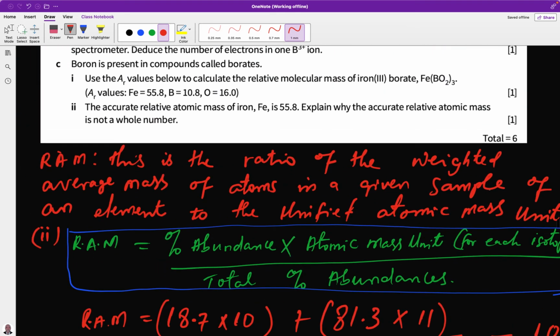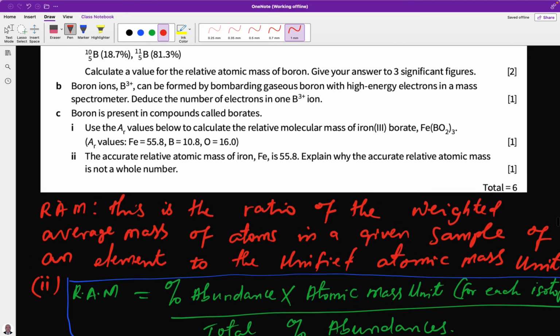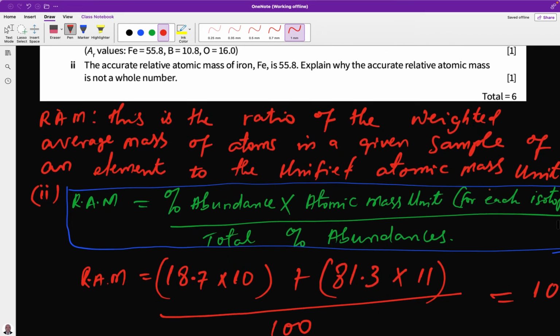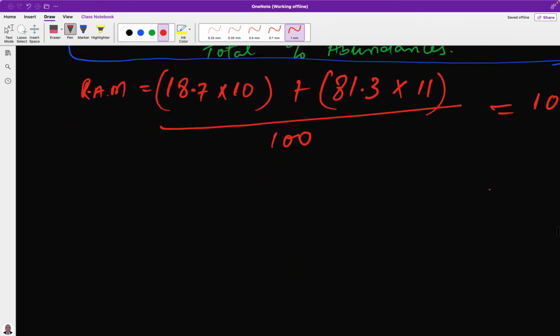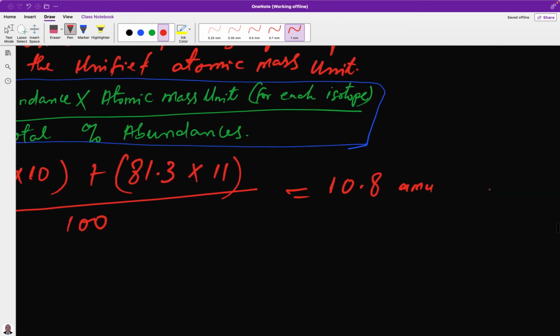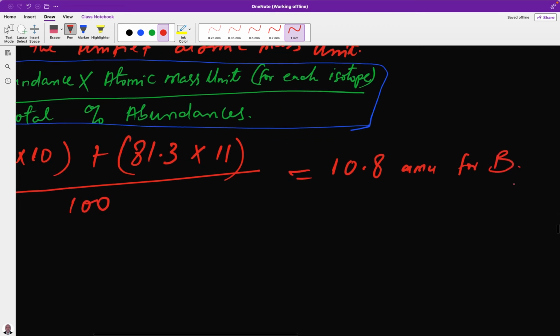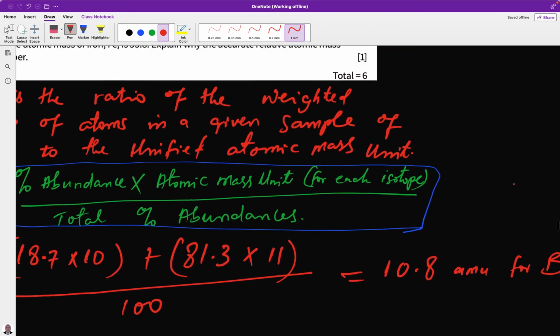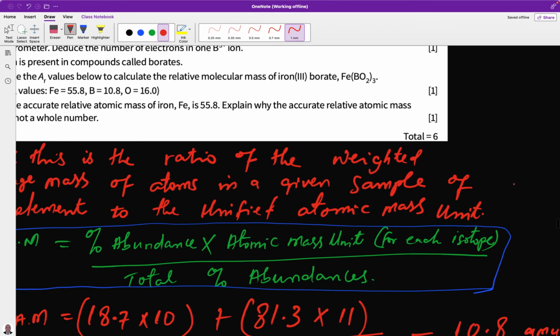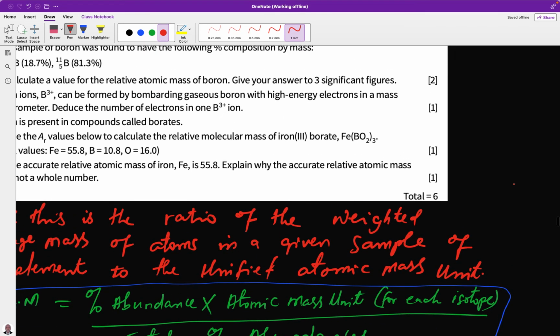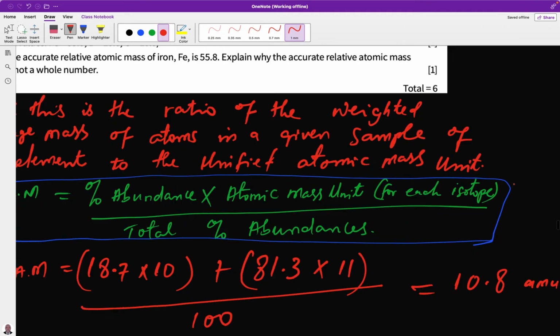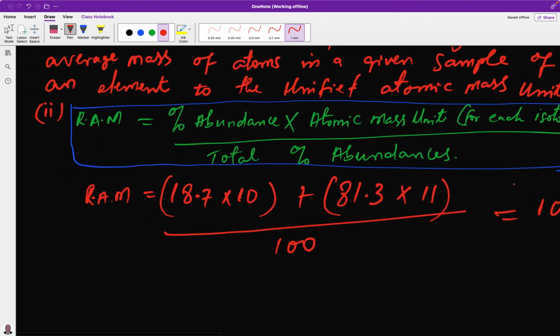That is the relative atomic mass for boron. So now, that is the mass that you have been asked, and you are to give your answer to three significant figures. So it's 10.8.